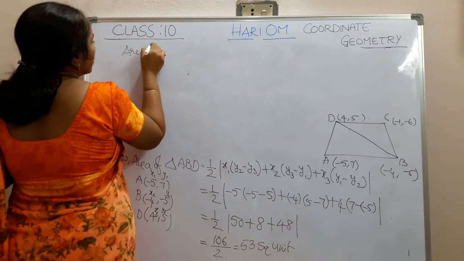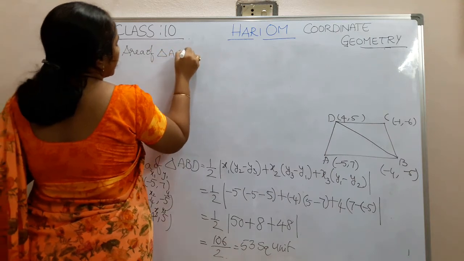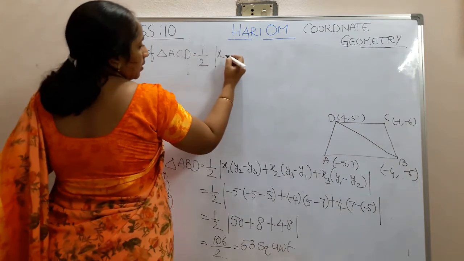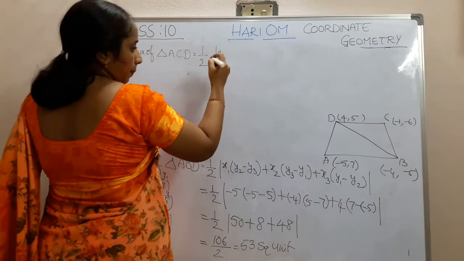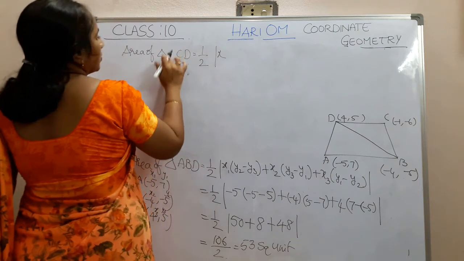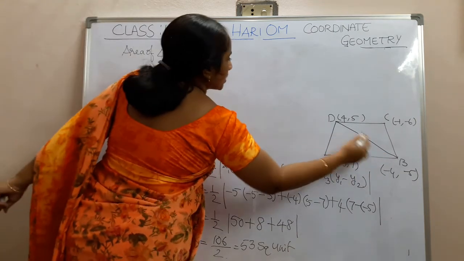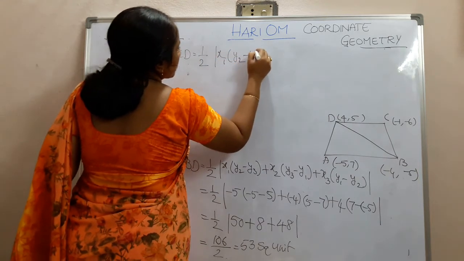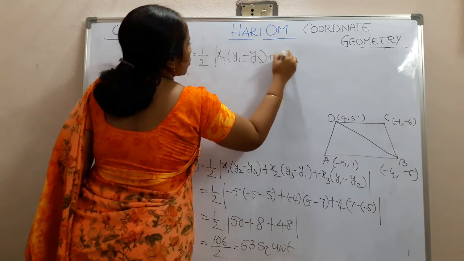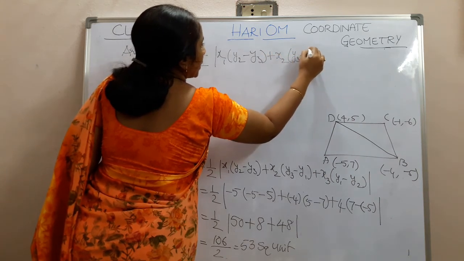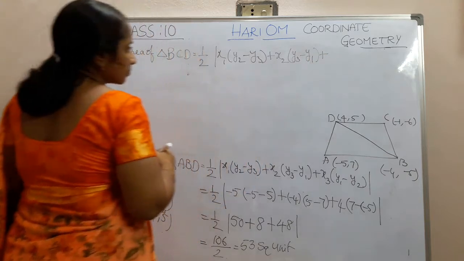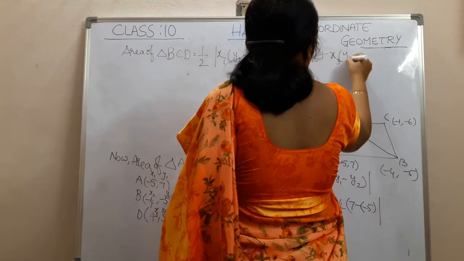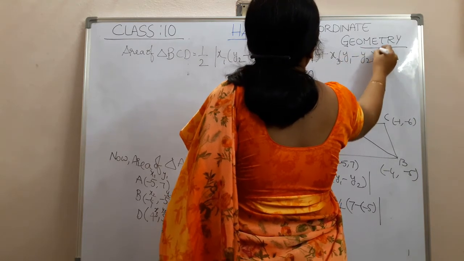Area of triangle BCD is equal to half modulus of x1 (y2 minus y3), x2 (y3 minus y1), x3 (y1 minus y2).